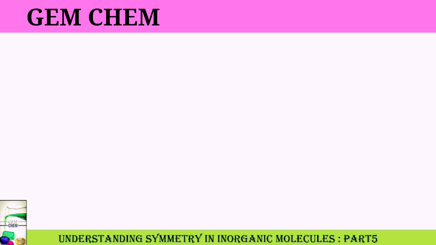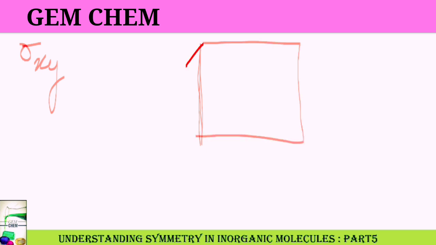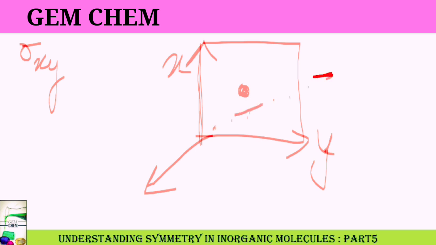Next we are going to see the sigma operations. So in case of sigma x, y, since we are considering the x, y plane as the sigma, if you consider this as x, this as y, a point placed here towards you will be reflected at the back. That is, if this is x, y, z coordinate, it is present towards us, this is z.